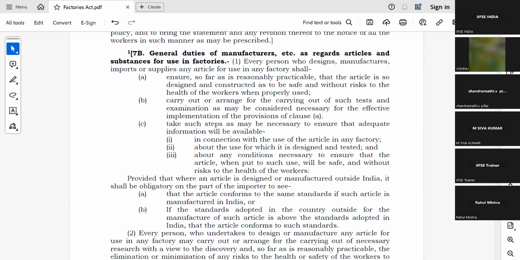Again, same. Every person who designs, manufactures, imports, or supplies any article for use in a factory shall ensure, so far as reasonably practicable, that the article is so designed and constructed as to be safe and without risk to the health of the workers when properly used. It is about the manufacturer's responsibilities.